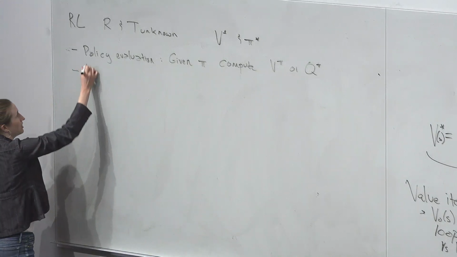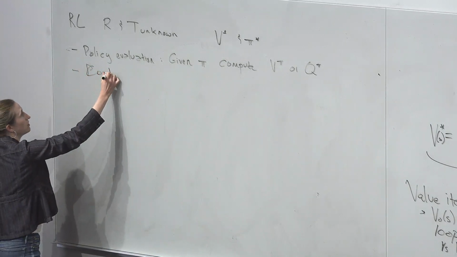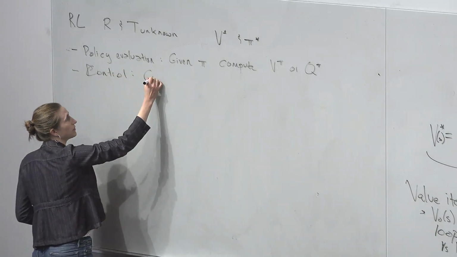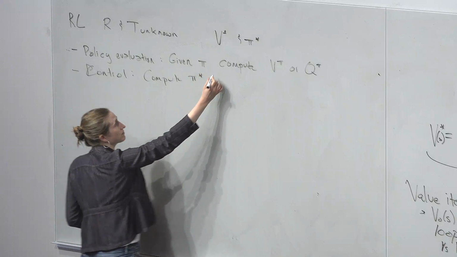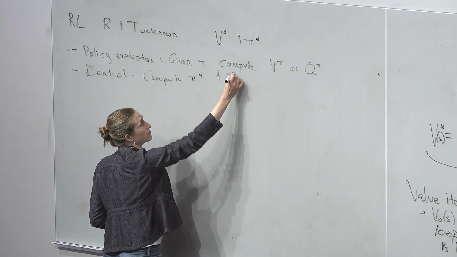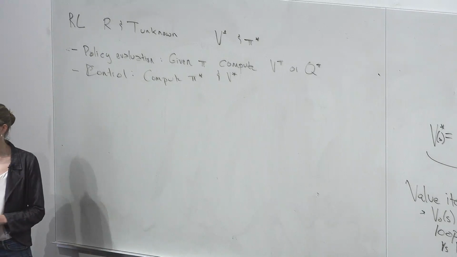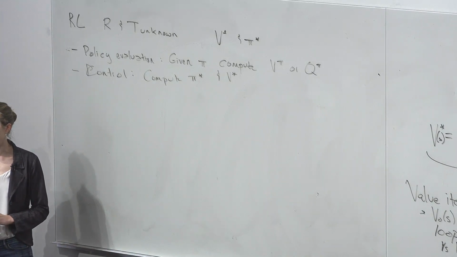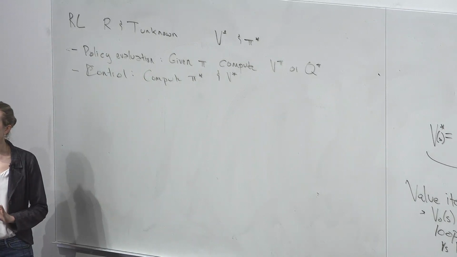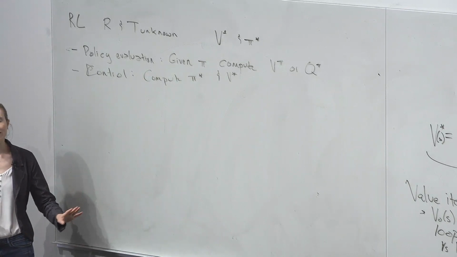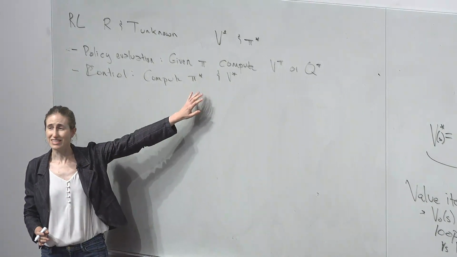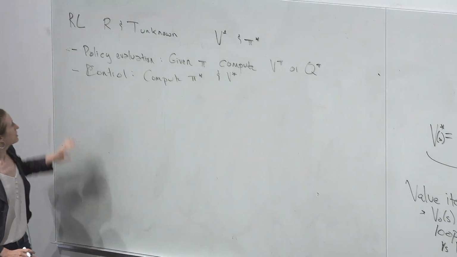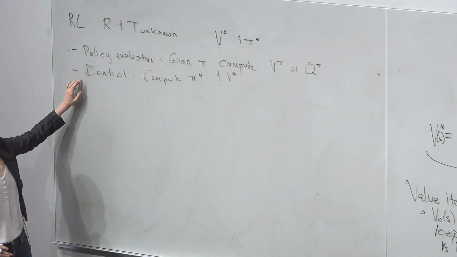And then we're going to try to do control, where we want to compute pi star. We might want to both compute these things, and we might want to start acting according to them, too. So these problems are separate. We can be in a case where we know what the optimal V star is, but we are not following pi star. So it depends exactly what we want to be doing. But we're going to start with policy evaluation and then move to control.